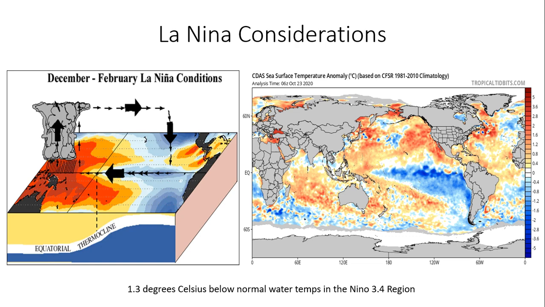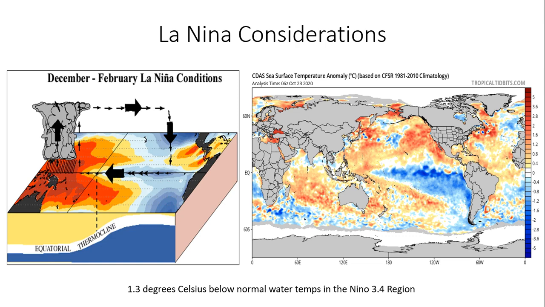That is indicating below normal water temperatures. Right now, the latest in the Nino 3.4 region, we're looking at water temperatures at 1.3 degrees Celsius below normal in that Nino 3.4 region. That blue shading sticks out really evidently on the graphic on the right.